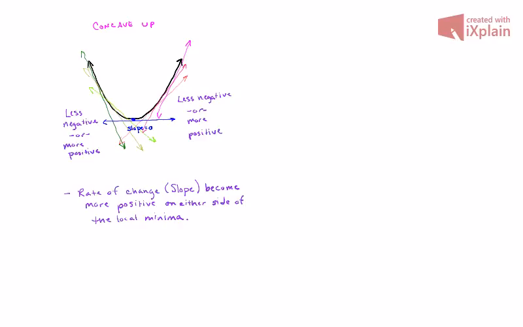So we can use the same idea when we talk about concave down. Again, if we follow along this function from left to right and I were to start drawing tangent lines, so there's one, notice that it looks like the lines are starting to fall. So they're starting to become more and more horizontal.